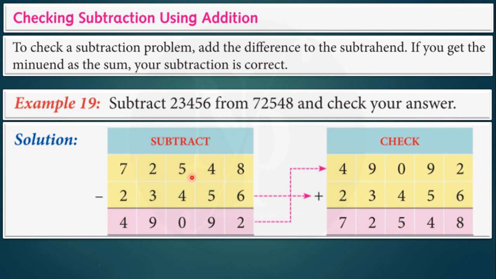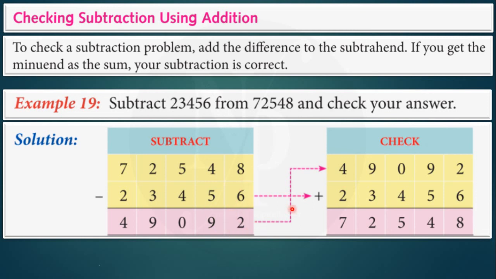First we write down 72,548, from which the other number has to be subtracted. The first number is called the minuend, and the second number, which is being subtracted, is called the subtrahend. So we subtract 23,456 from 72,548. On doing so, you get 49,092 as the difference. This is subtraction.